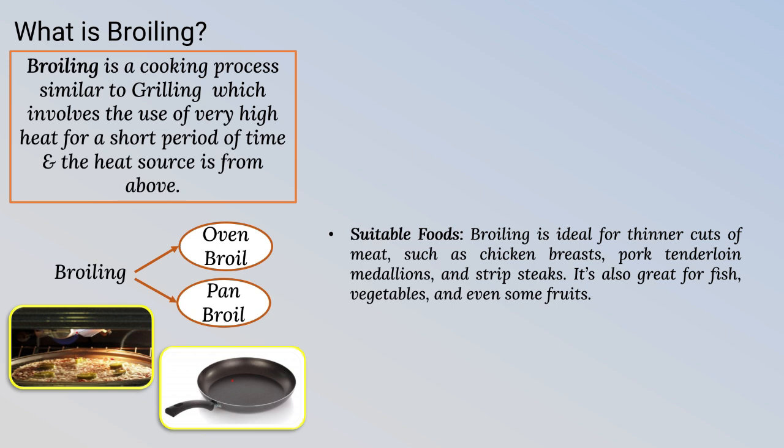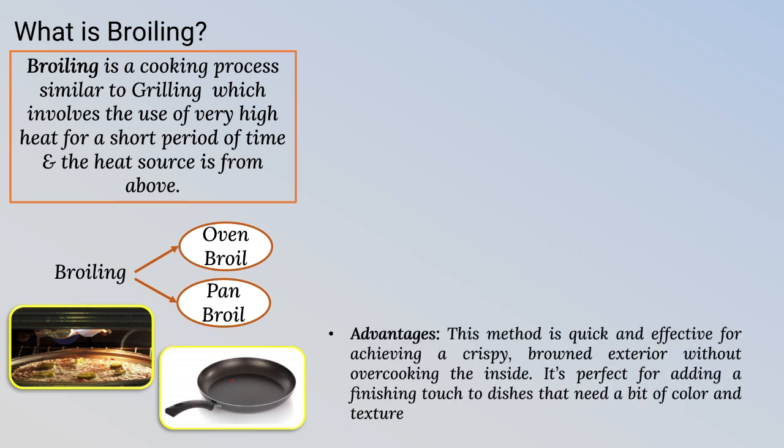Medallion is another culinary term which means a thin, flat, round piece of meat or fish. Strips of steak can also be broiled. It is also great for fish, vegetables, and even some fruits. So these are the suitable foods we can use for the broiling process.